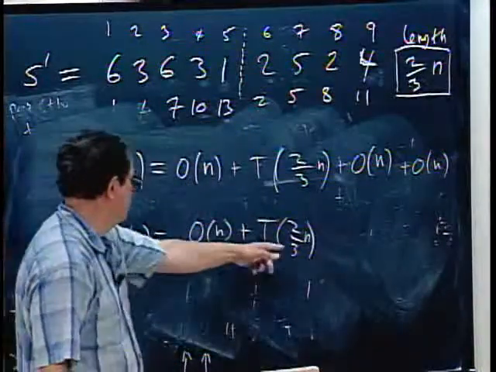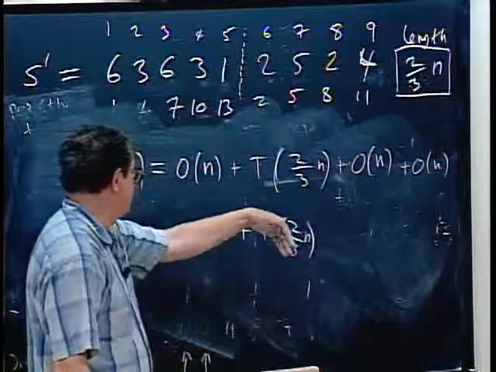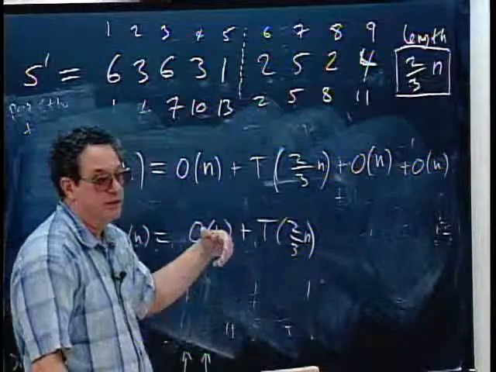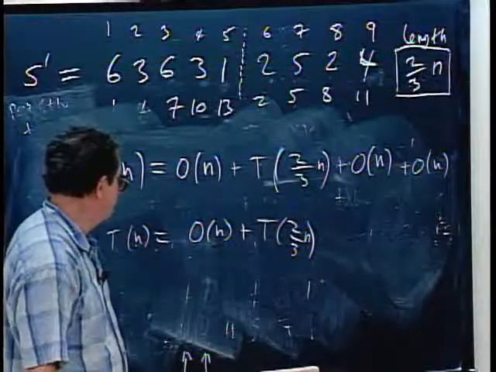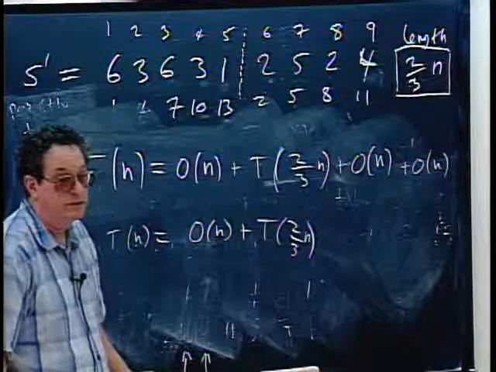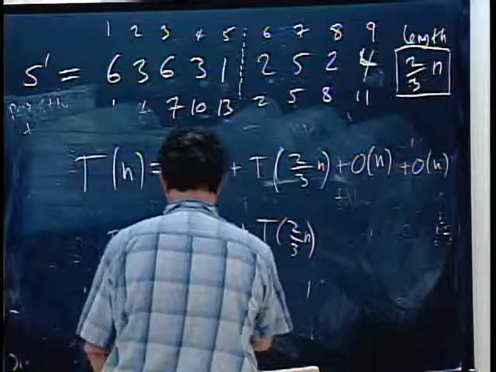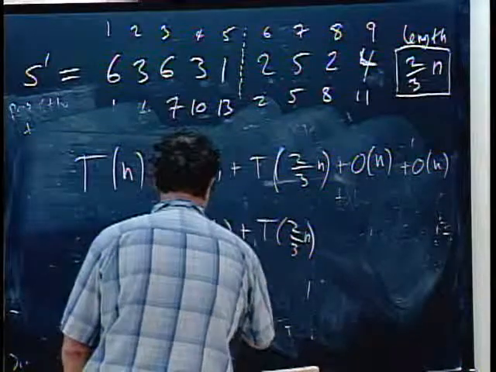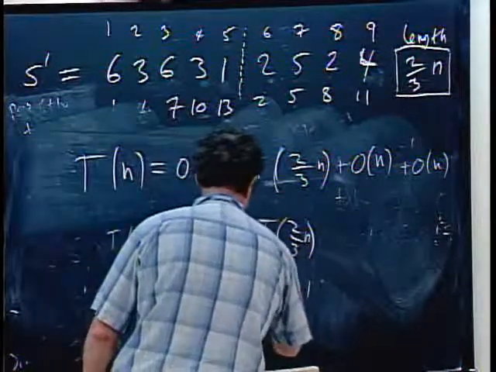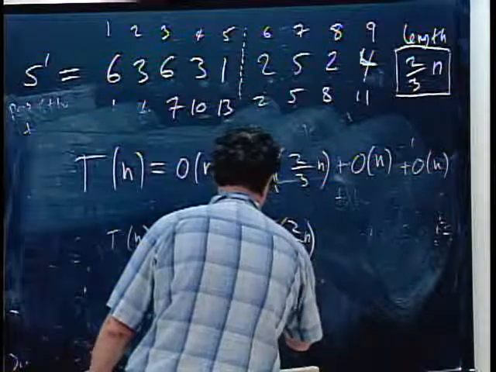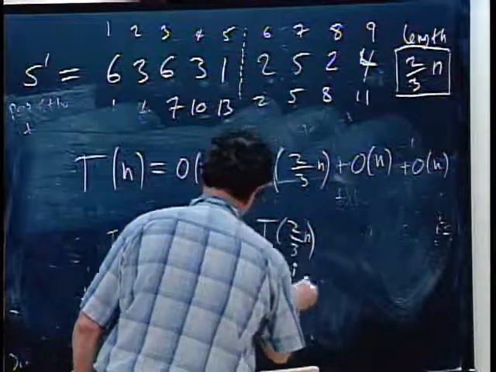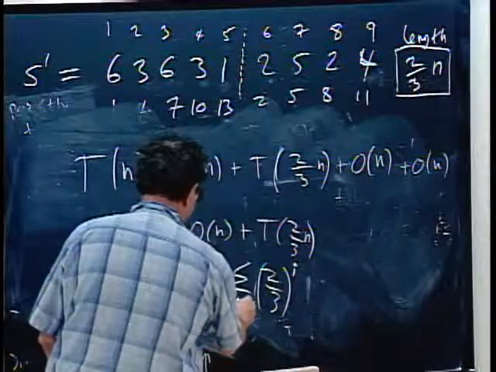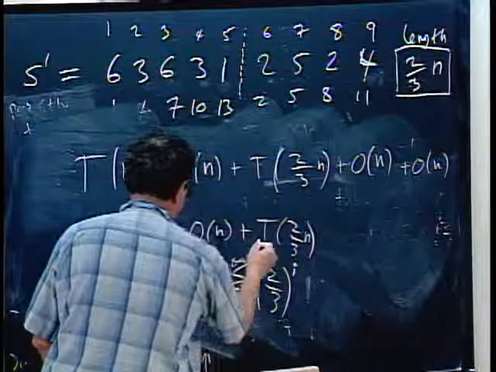And that means it's n plus 2/3 n plus 2/3 squared n, and so on. So this means T of n is equal to n times the summation of 2/3 to the i, well, let's just do it, i equals 0 through infinity.